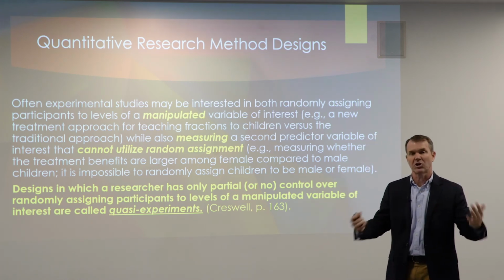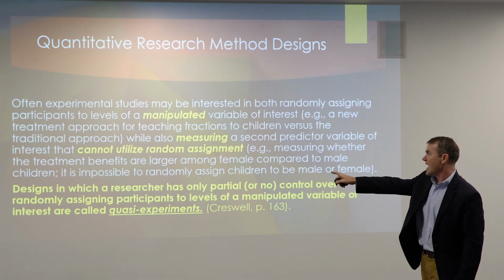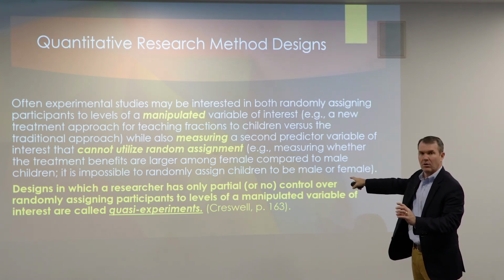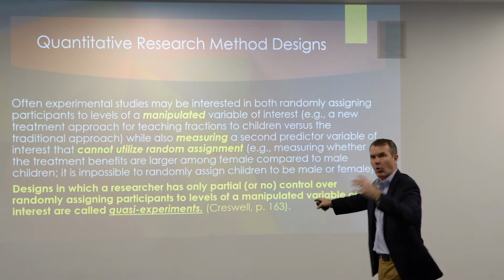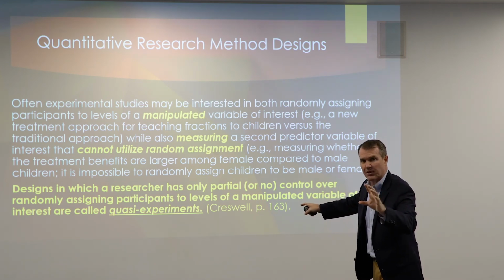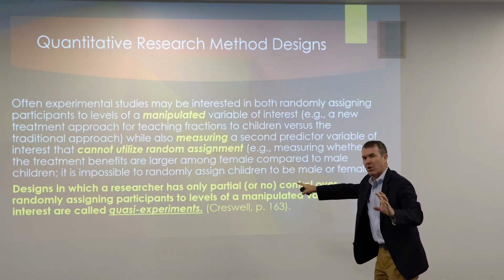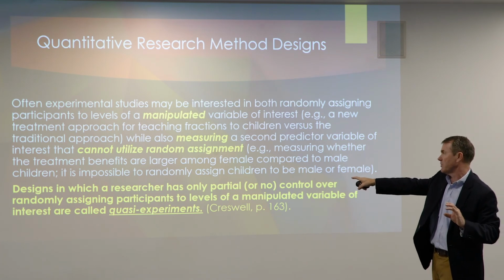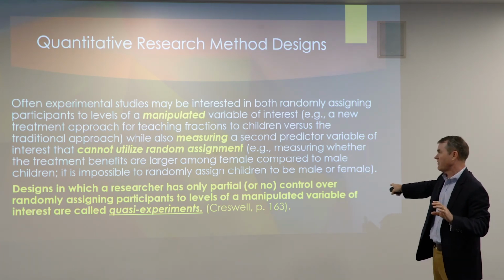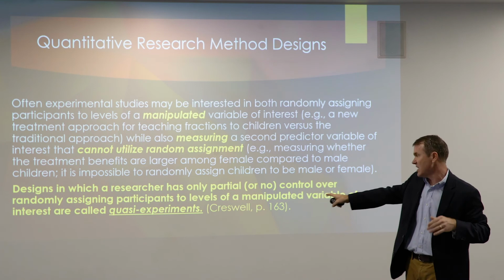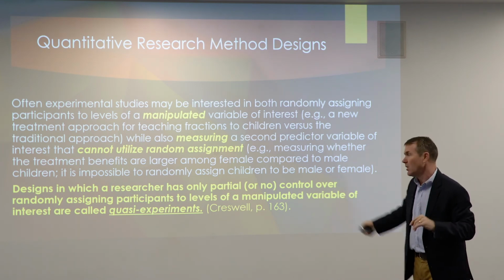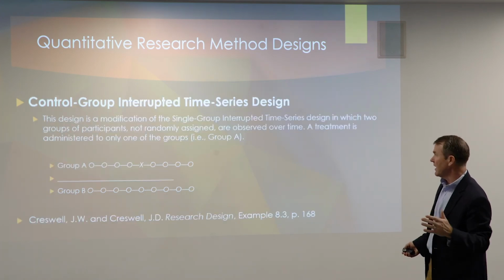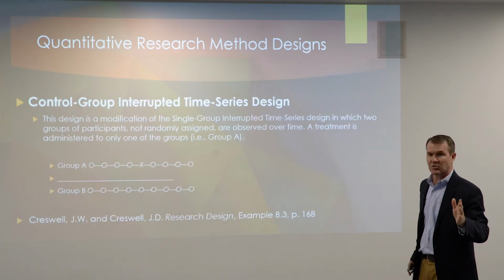And you can't control your exposure maybe to fractions. These are designs in which a researcher has only partial or no control. So in experimental, you have total control. In quasi-experimental, the researcher only has partial or no control over randomly assigning participants to the level of the manipulated variable. These are called quasi-experiments, and that's in the Creswell book on page 163. I'm not going to skip those for the sake of time, but you can look at those also on page 168. Look at those research designs.